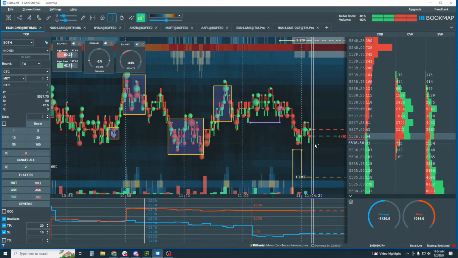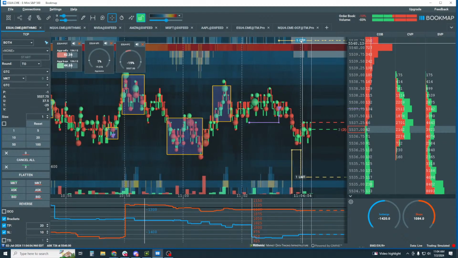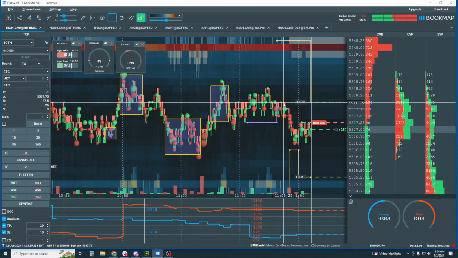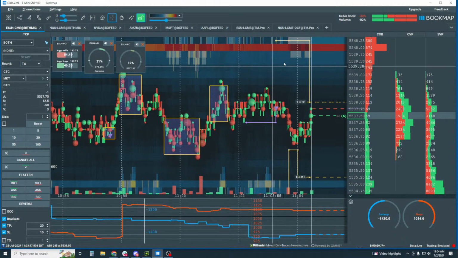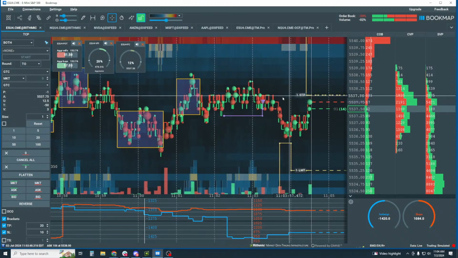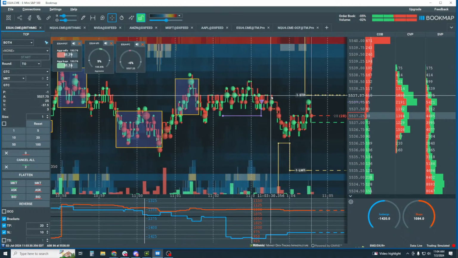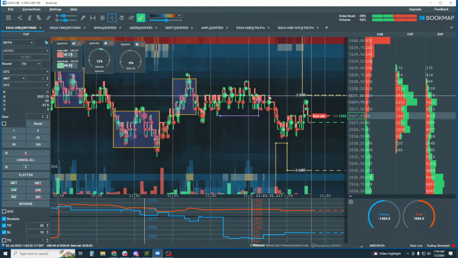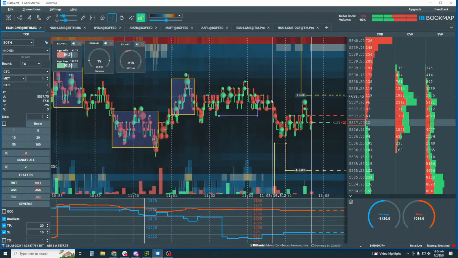Okay, now let's see if we get our follow through. If we don't, I can move my stop down to here, and this is where we're wrong in this scenario here, and we might be wrong here. Okay, if we get buyers back up here. Okay, so we're looking for a squeeze here.